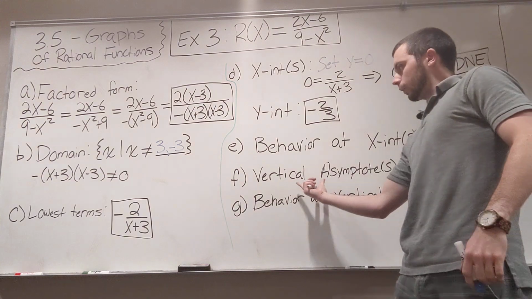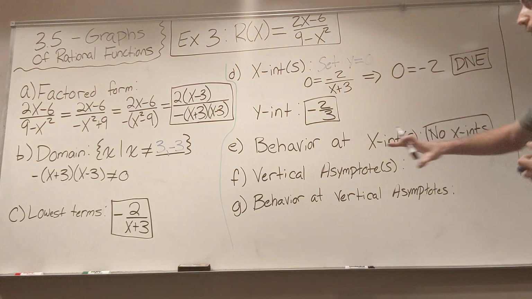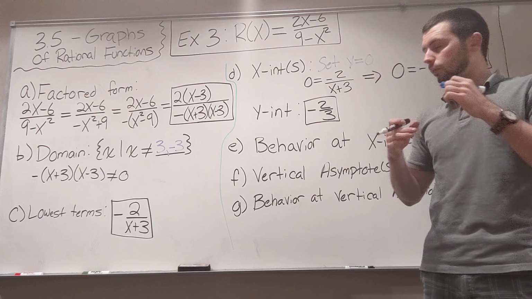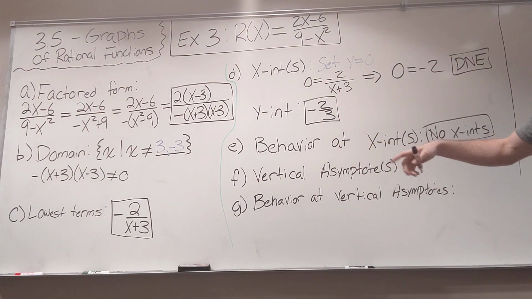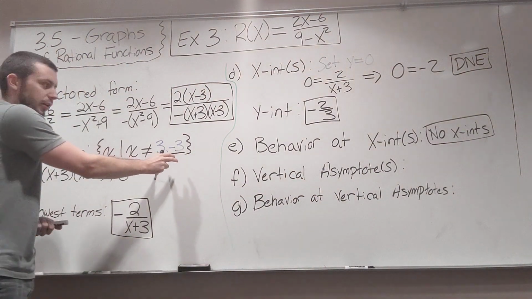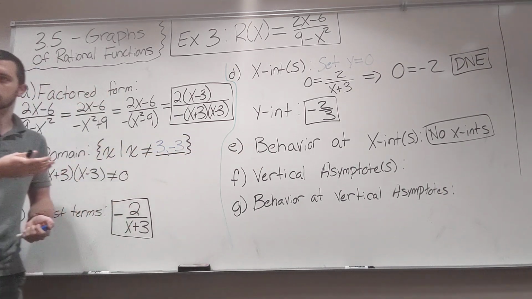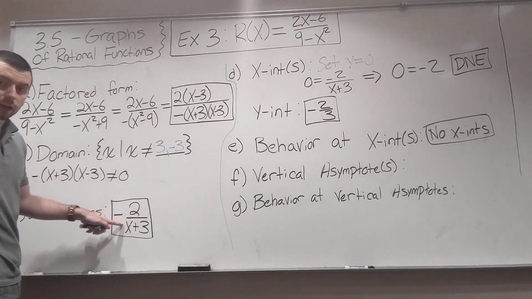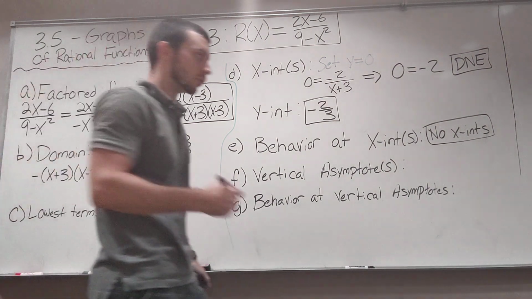The vertical asymptotes though. In general, the vertical asymptotes and the domain are closely related, but it's not entirely forthcoming about what the vertical asymptotes are. In particular, a number can be in the domain restriction and not be a vertical asymptote, as we saw in the previous problem. And so in this problem right here, we see that after everything was reduced, the vertical asymptote is -3, as x is equal to -3.